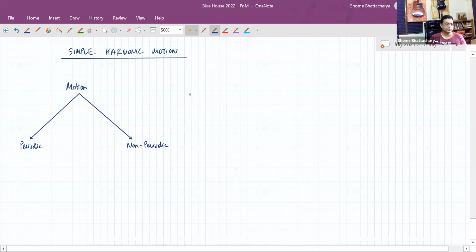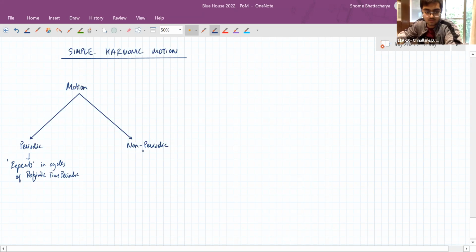Not even a pendulum, not even the most accurate of digital pendulums, will be perfectly periodic. There will be some loss, but we can idealize that situation. So periodic motion is repetitive, repeating in cycles of definite time period.